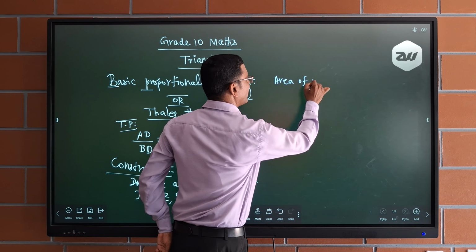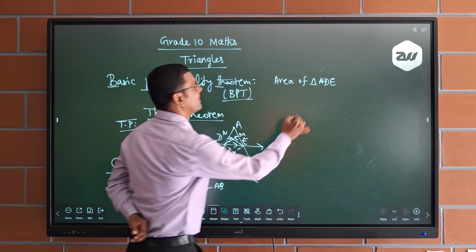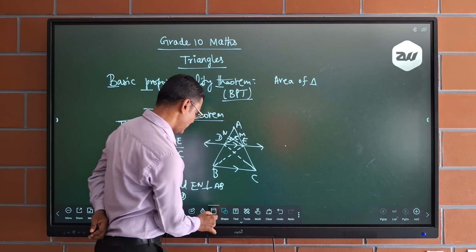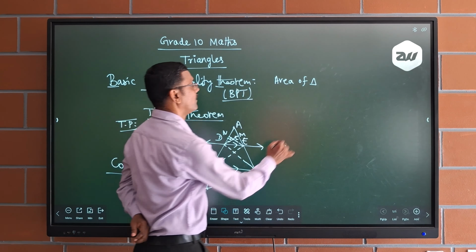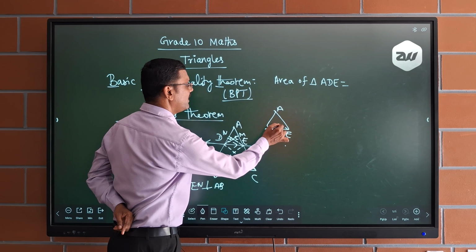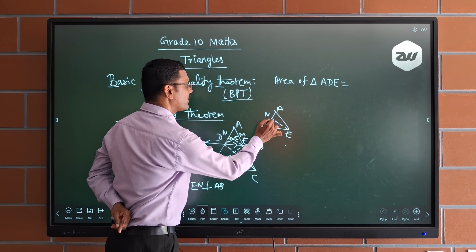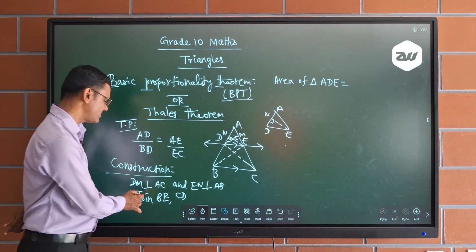Area of triangle ADE. Okay, can you see clearly? I write neatly. I just take it separately. So here, look at EN. EN is perpendicular, it is given according to the construction.